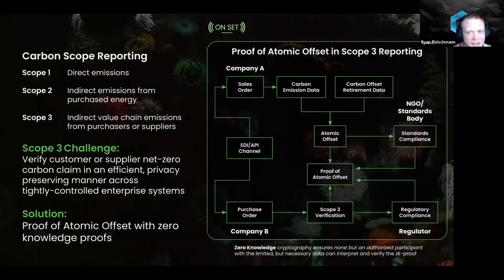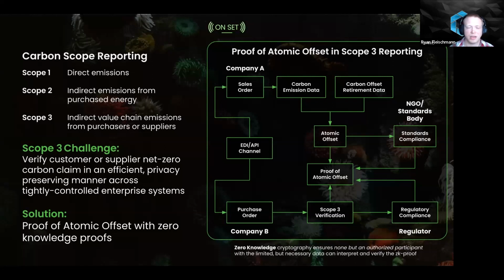Actually, this deals with scope 3 reporting, and I hope I can walk you through this diagram. But company A, company B, they're purchasing together, or they're doing some kind of business process together. One thing that happens as they're executing this business process is that they have the scope 3 verification, right?